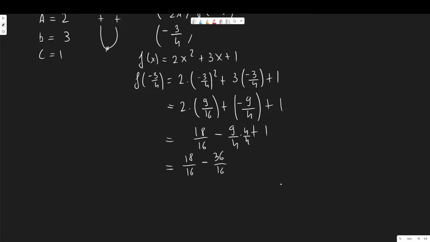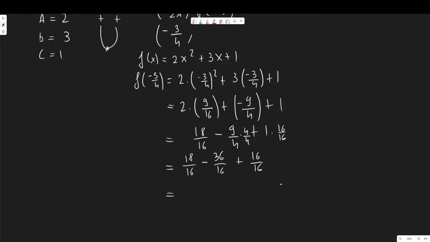So now we got our denominator of 16. And now we have to set 1 equal to something over 16. Well, if you multiply 1 by 16 over 16, we will get that 1 can be written as 16 over 16. So now we'll have to add everything up. Well, 18 plus 16 is equal to, well, 10 plus 10 is 20, and 8 plus 6 is 14.